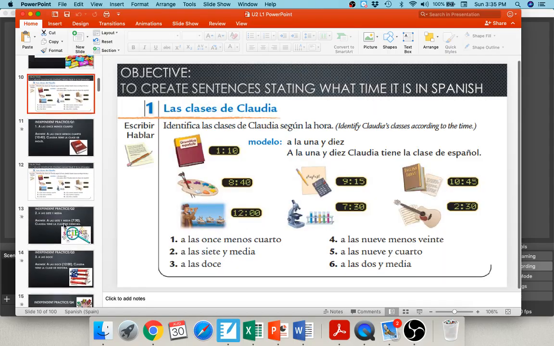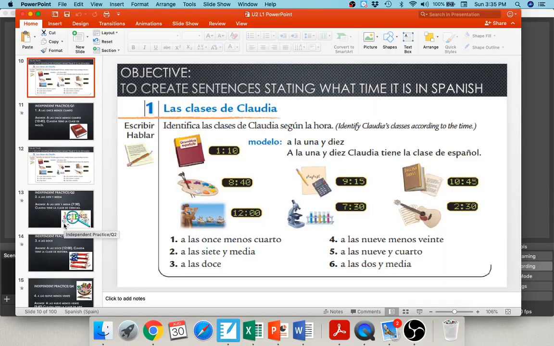Okay, so I want to give you a little bit of practice here talking about las clases de Claudia. Las clases de Claudia, Claudia's classes. And for this one, we're going to be using a las or a la to say that Claudia has a class at a certain time. So remember, for 1 o'clock, we use a la una, at 1, a la una, just like you see here in the example.